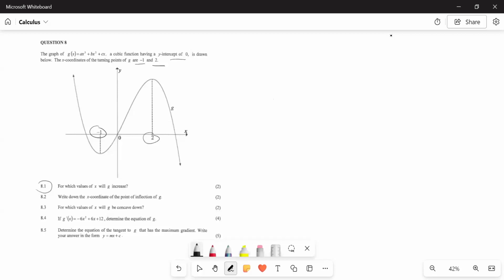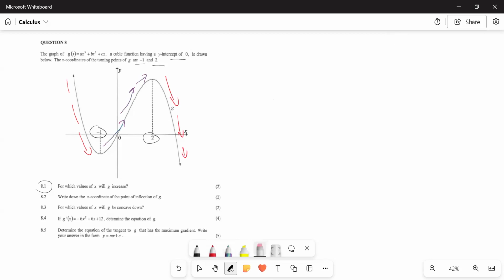So let's try and interpret our graph. We can see that our graph here is going down. It's decreasing. But here, the graph starts to increase, right?